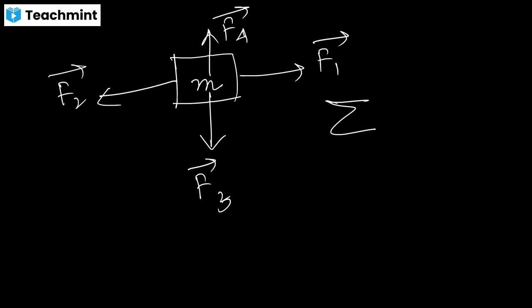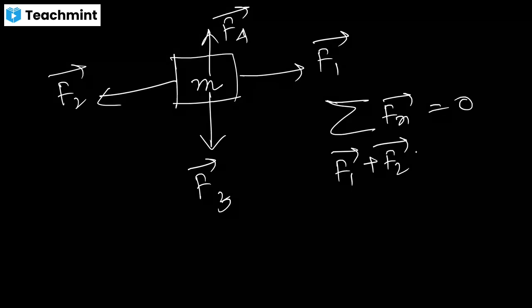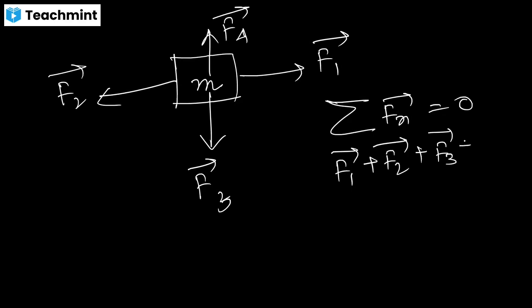So the summation of all the force vectors is zero. That means summation of Fn vector equals zero. That means F1 vector plus F2 vector plus F3 vector plus F4 vector equals zero. This is actually Newton's first law.